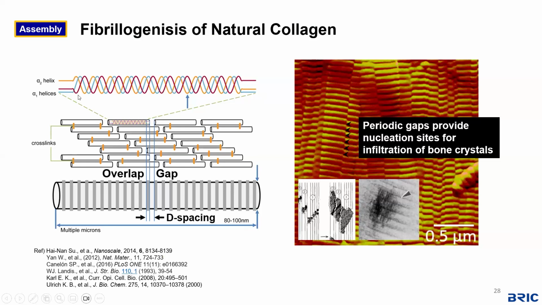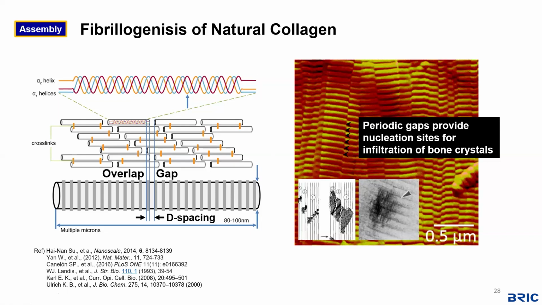These individual triple helix collagens are assembled in a very specific manner, called D-spacing, and make this stepping structure that has overlap and gap regions alternately with a very specific size. As you look at this collagen structure, it has these periodic gaps, exactly the same distance, right? It's called the quarter pitch because it's a quarter of the full length of the triple helix collagen.